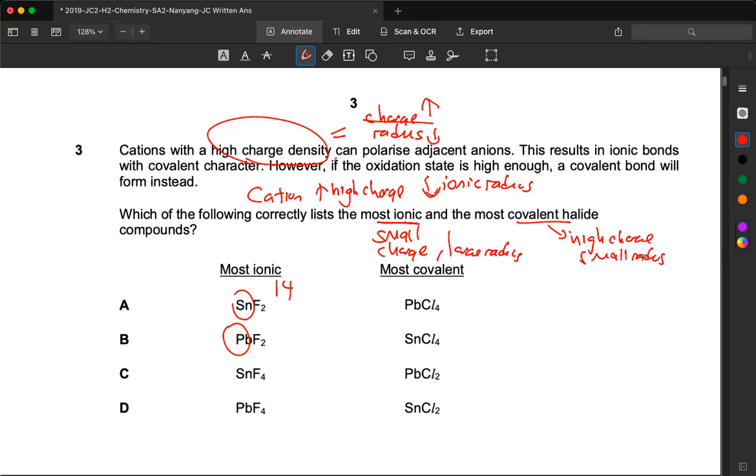The one with a higher charge density will most likely form covalent halide compounds.